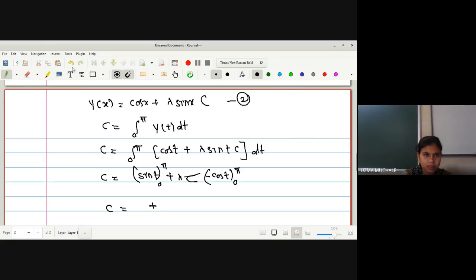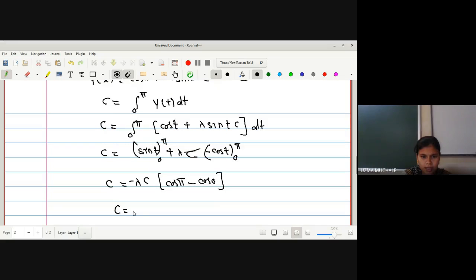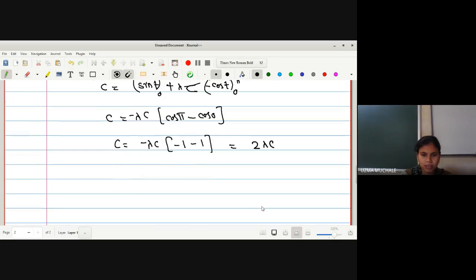So we have lambda into c, with a negative sign, next cos pi minus cos 0. What is the value of cos pi? Minus 1. Correct. So it is nothing but 2 times lambda into c.